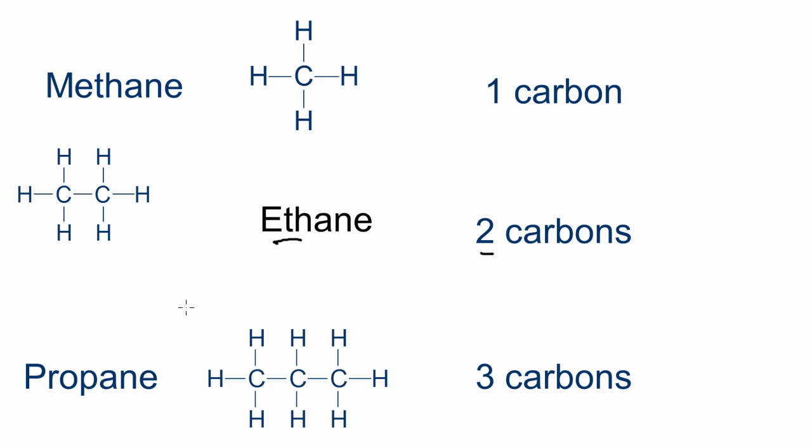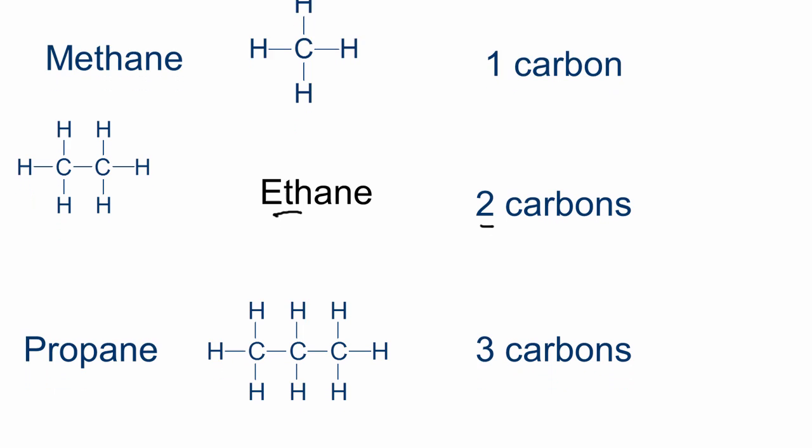And then we have propane, and propane has 3 carbons, and this carbon here has 3 hydrogens bonded to it. This middle carbon, 2 hydrogens, and this other end carbon, 3 hydrogens. Our 1 carbon alkane is methane, our 2 carbon alkane is ethane, and our 3 carbon alkane is propane.